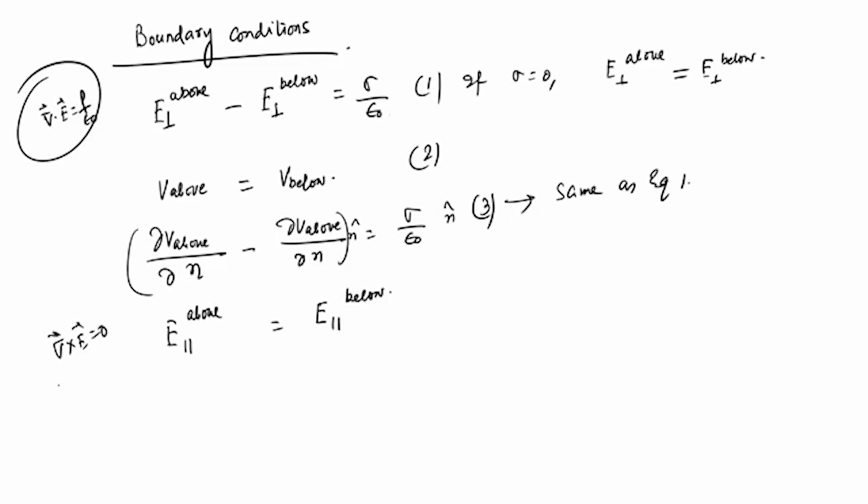And if that is not satisfactory, then you can write it as the integral of E dot dl equal to 0 as well, because the integral of curl E dS equal to 0, and applying Stokes theorem we have E dot dl equal to 0. So, let me just briefly state Stokes theorem.